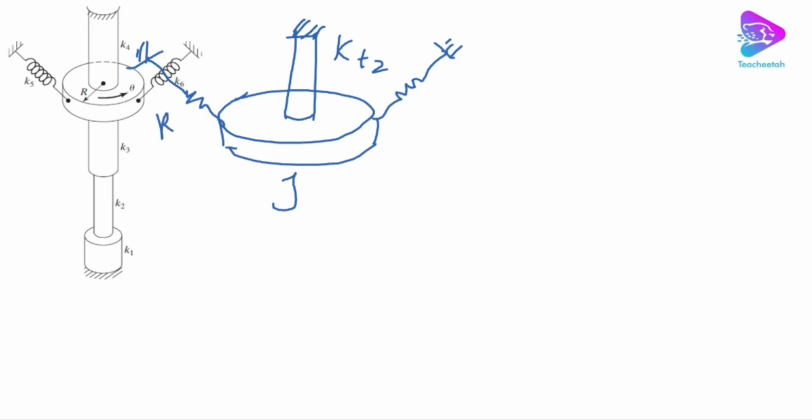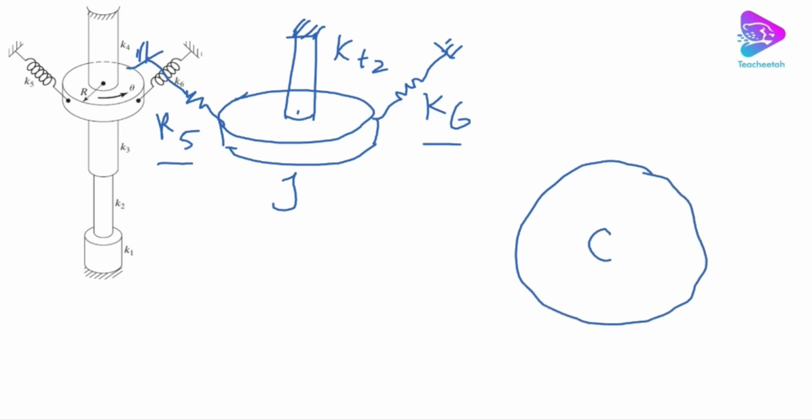So we have K5 and K6. Okay, so let's look at this disk from the top view or the bottom view, doesn't matter, and we forget about KT2 for now, to see what happens for K5 and K6. So if we draw it again from the top view, as I said, this is the center. As you remember, this is theta. So let's see what happens.